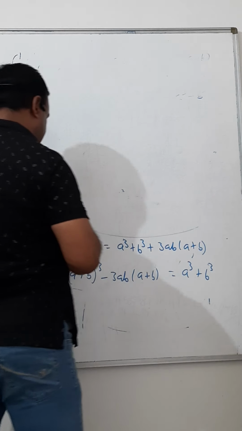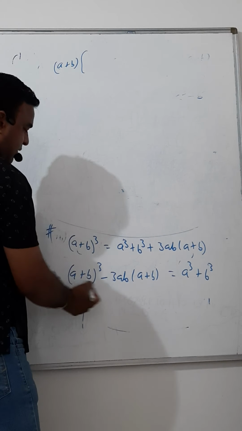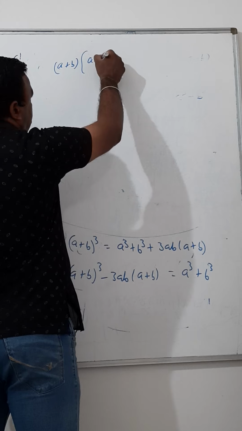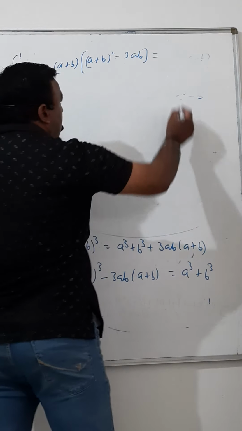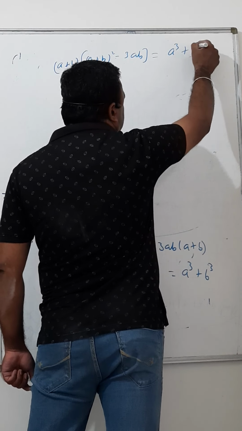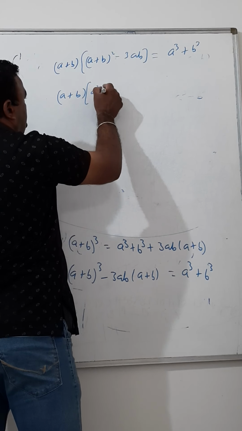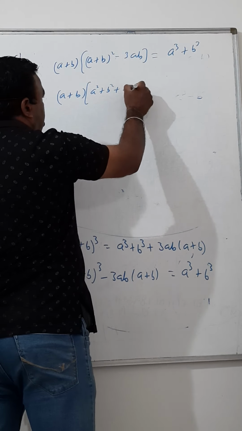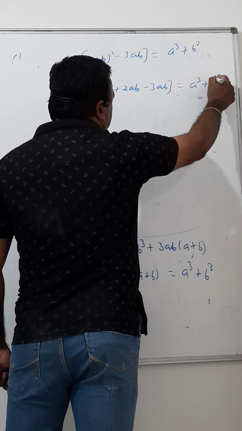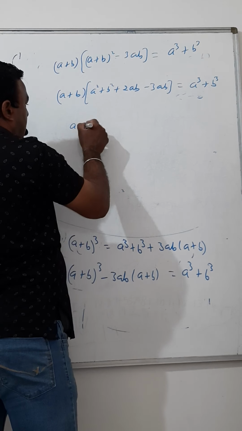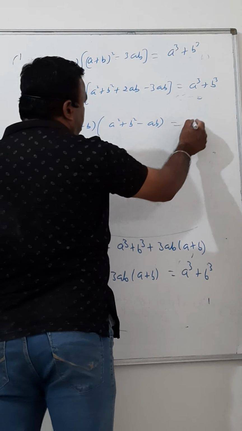Now I hope you can guess easily. I take a plus b common from these two. Here it is (a plus b) whole square minus 3ab, equals a cube plus b cube. (a plus b)(a square plus b square plus 2ab minus 3ab) equals a cube plus b cube. So (a plus b)(a square plus b square minus ab).